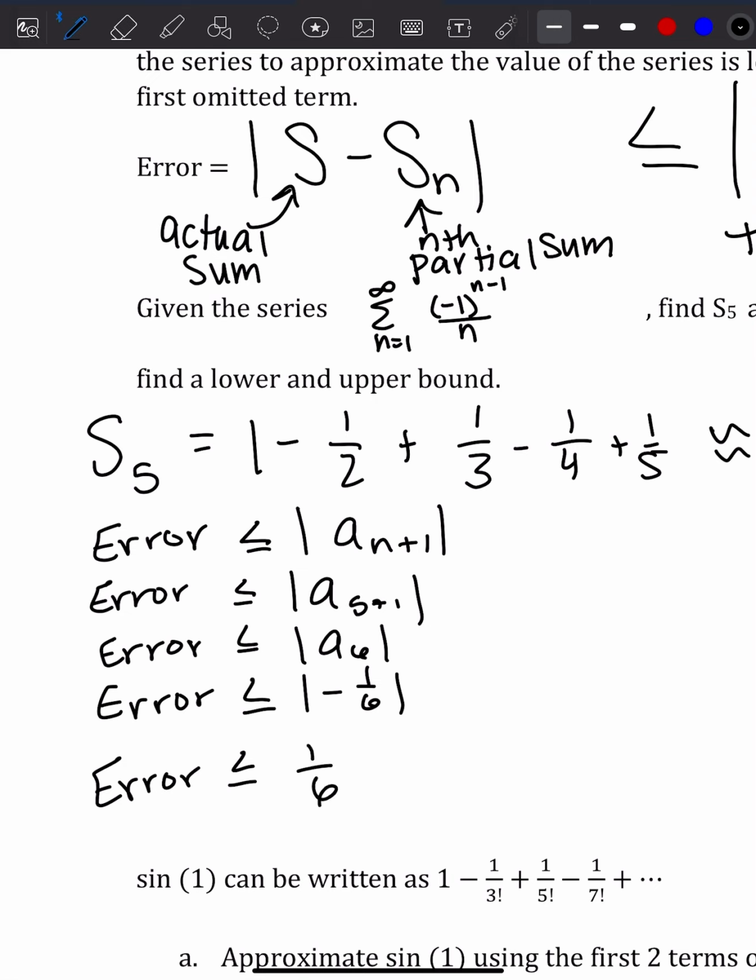This means the biggest our error can be is 1/6 above our number and 1/6 below our number. So 1/6 is about 0.16667 because the 6 repeats forever. So we're going to use that here.